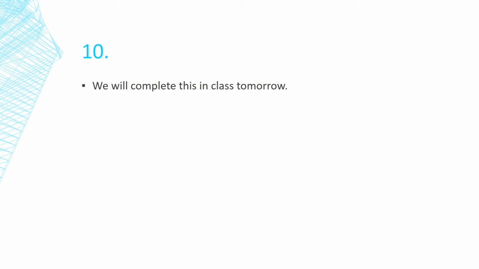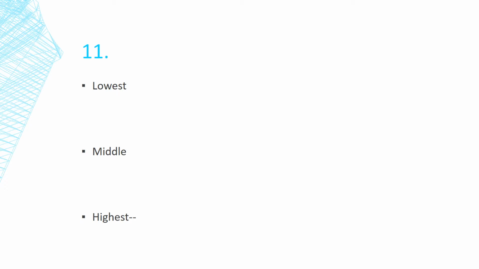So number 10, we are going to do that problem tomorrow in class. It's kind of involved and it's a little bit different with the positive and negative values, so I don't want you to get confused. So let's go ahead and skip to number 11. So number 11 asks us to rank the correlations in the problems from least correlation to most correlation, or highest correlation.